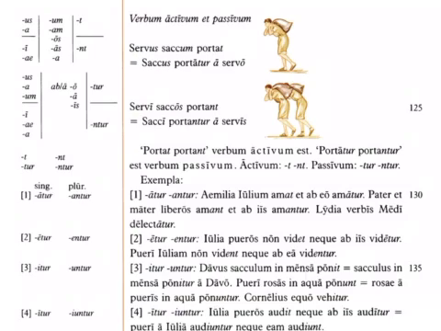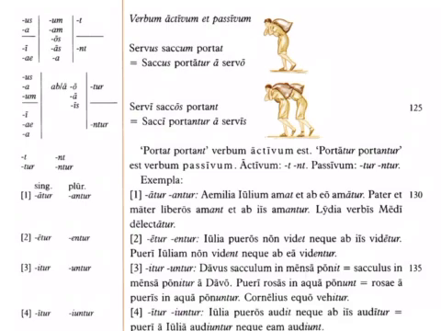A here is going to translate to by, instead of the normal from. Their second example is in the plural. Servi sacos portant. The slaves carry the sacks. That's active. And then that is essentially the same thing as the passive sentence, sacci portantur a servis. The sacks are carried by the slaves.